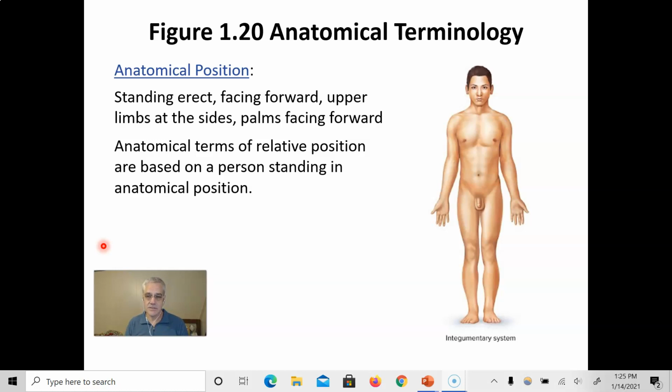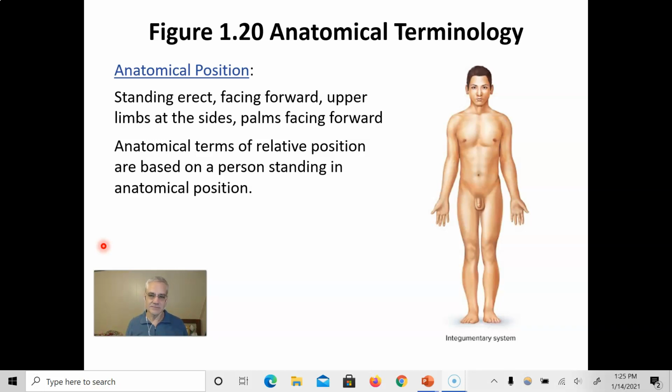Okay, so anatomical position. You must understand this. It doesn't matter what position you are in. If you are standing on your head, in medicine we would still say that your head is superior to all other body parts, or superior to your neck, or superior to your chest. Yes, you're going to say, no, but I'm upside down. I don't care.